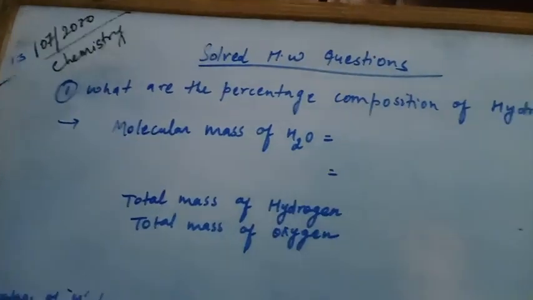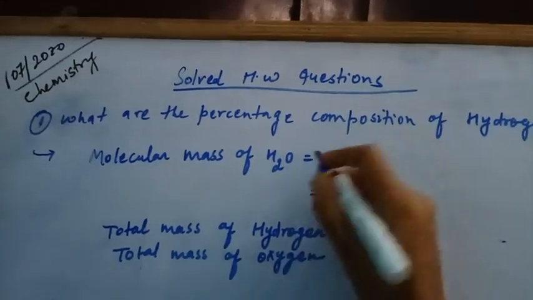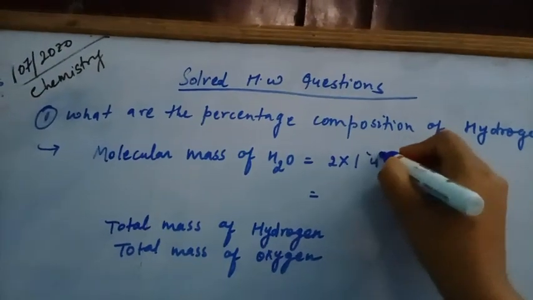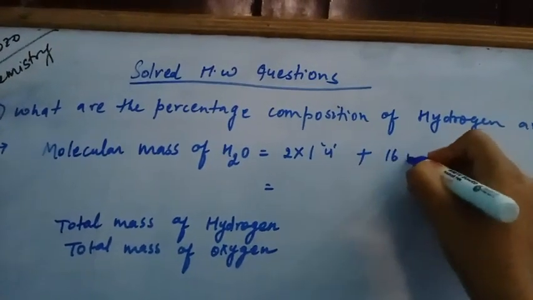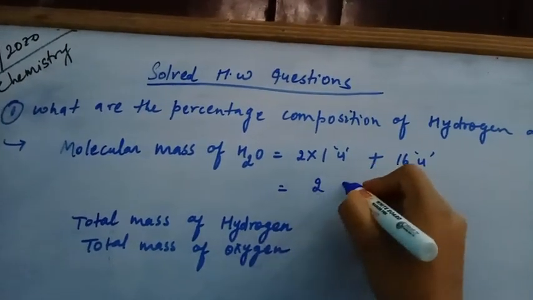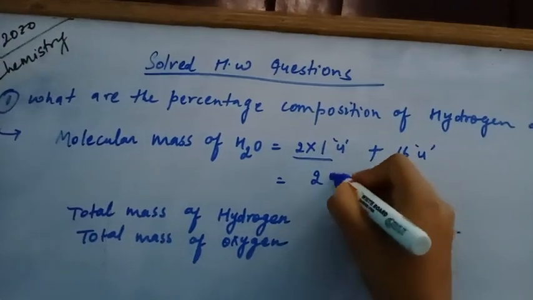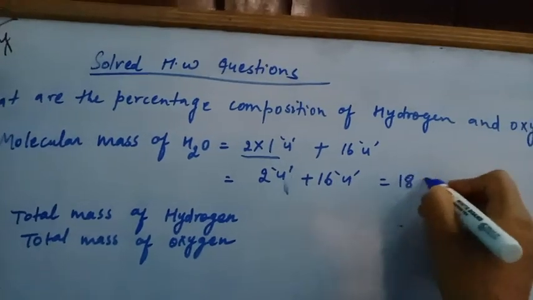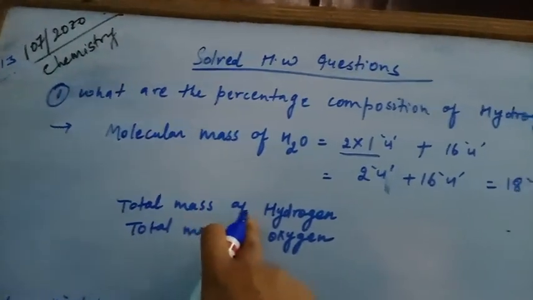The molecular mass of water can be calculated as 2 times the atomic mass of hydrogen, that is 1 u, plus the atomic mass of oxygen, that is 16 u. We get 2 into 1, that is 2 u, plus 16 u, and we are getting 18 u. Okay, so now you can write the total mass of hydrogen.